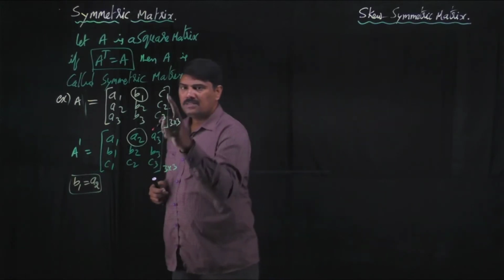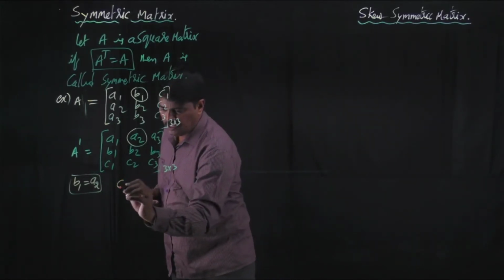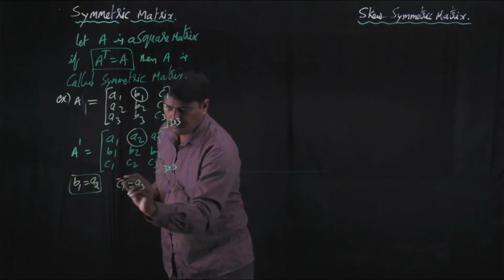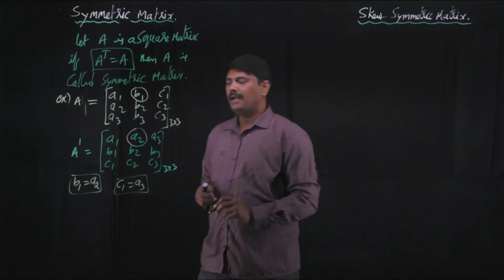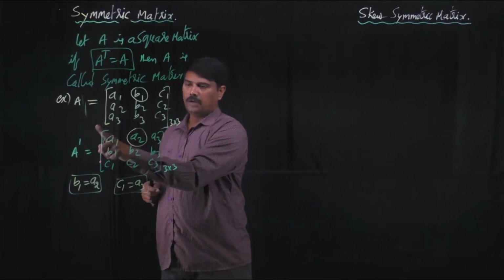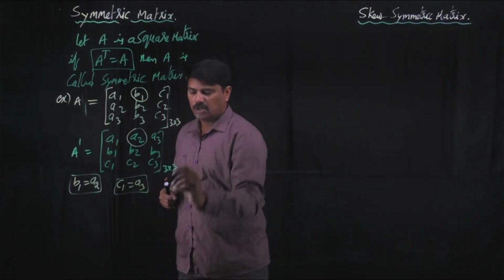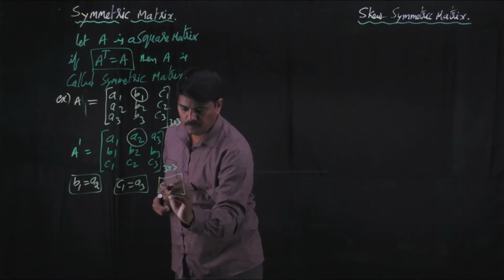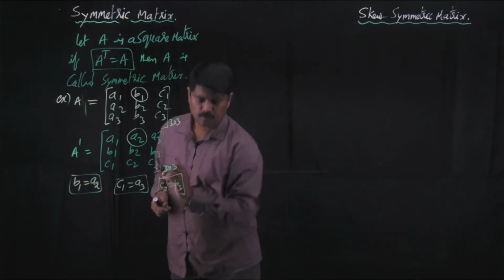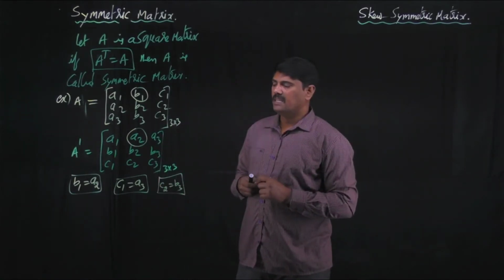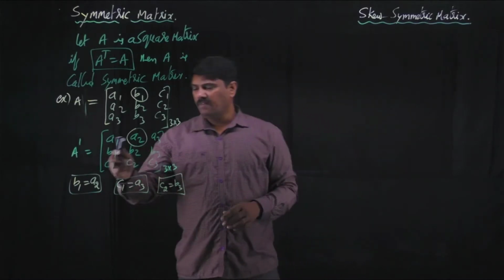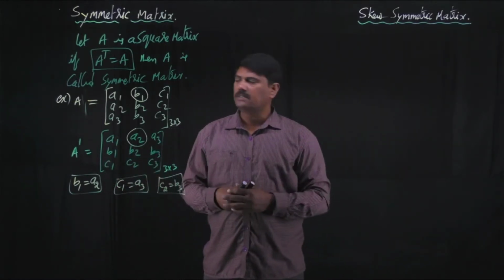And c1 has to be equal to a3. And one more element, c2, has to be equal to b3. So a1, b2, c3 are of our choice.